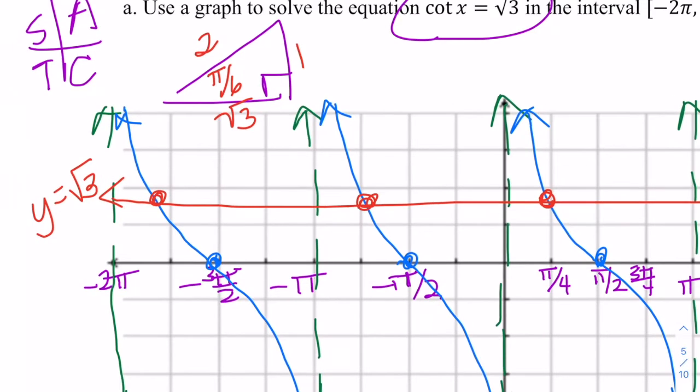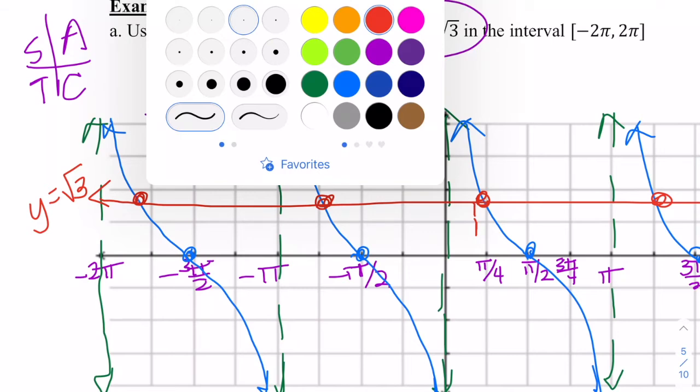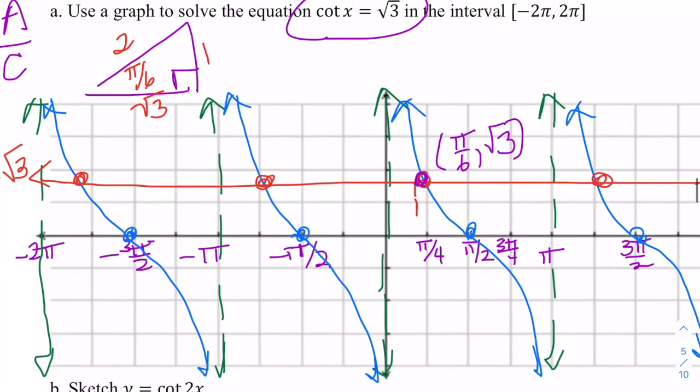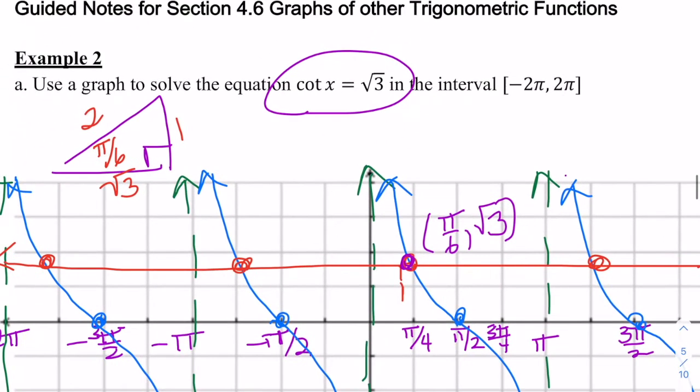So this first point, I'll use a different color here, must be pi over 6, root 3. If we're going to find all the other values, all we have to do is add or subtract pi, because the period is pi. So we have pi over 6 as a solution.